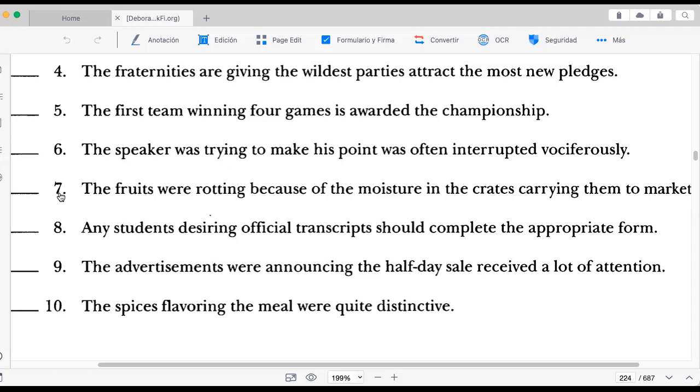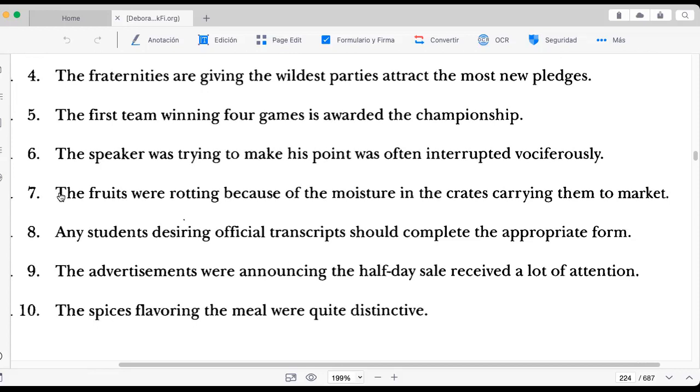Number 7. Who wants to read it? Come on, guys. Me. Okay. The fruits were rotting because of the moisture in the crates carrying them to the market. Okay. Where is the subject? The fruits, okay.